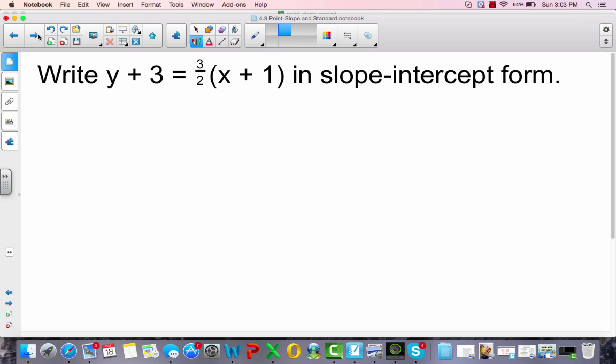Okay, now let's take point slope form and write it in slope intercept form. We've got y plus 3 equals 3 halves x plus 1. We want it to be in slope intercept form. So we go y plus 3 equals 3 halves x plus 3 halves. We want the y to be by itself because remember the format is y equals mx plus b.